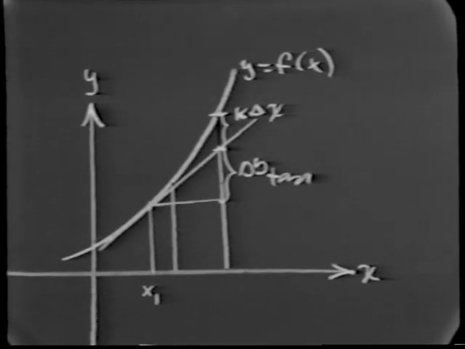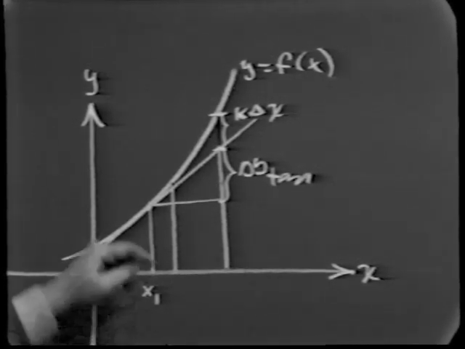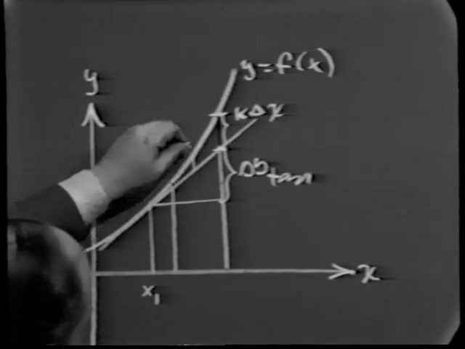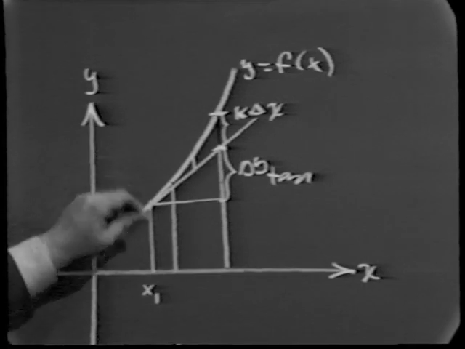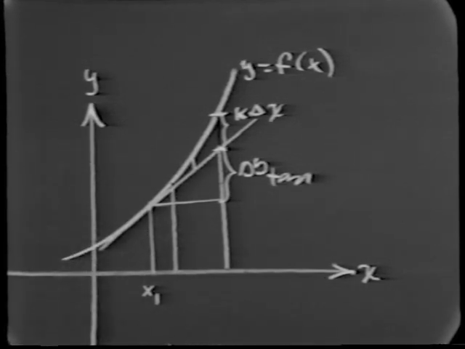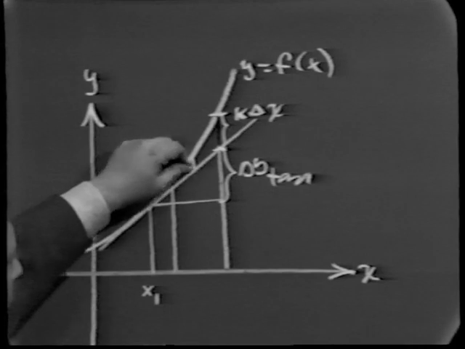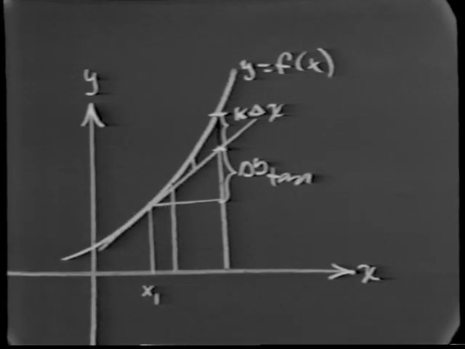And what does it mean to say that k approaches 0 as delta x approaches 0? What it means is this. It means that not only does this vertical difference get small as delta x goes to 0, but more importantly, it gets small very rapidly compared to how delta x gets small.